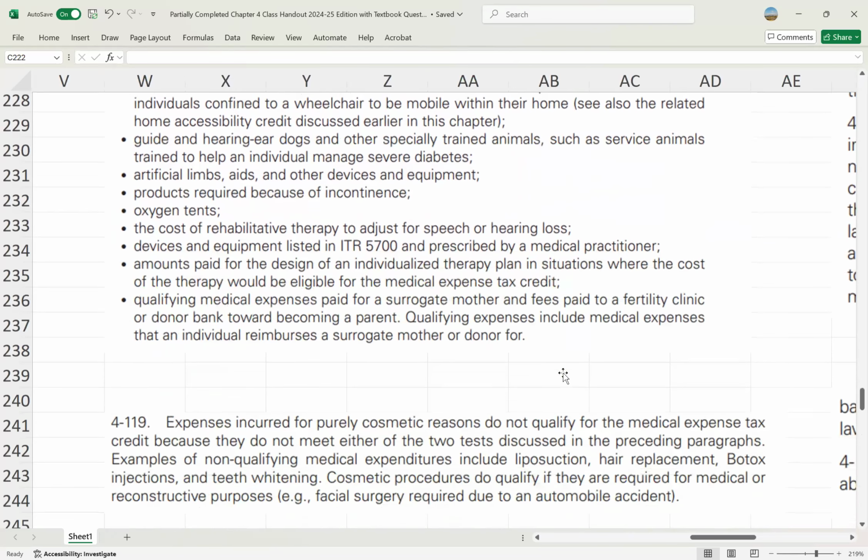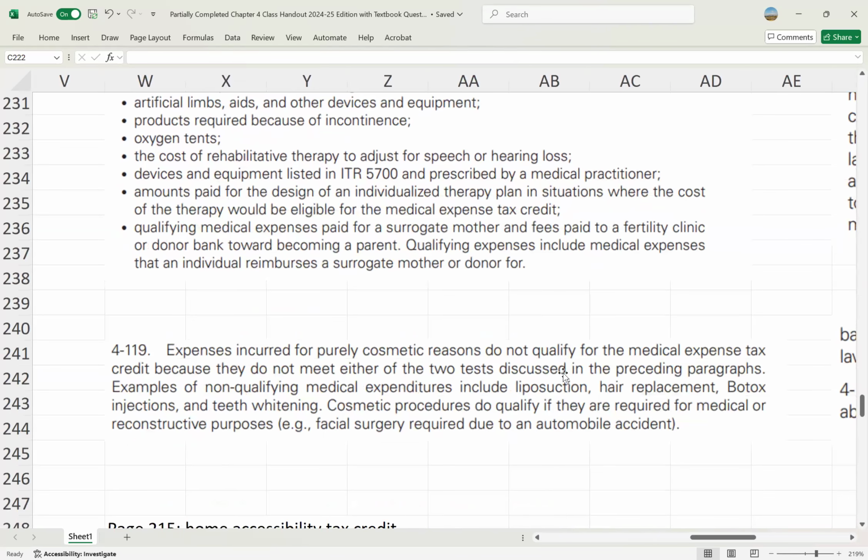I also cut a paragraph in this area of the textbook as well, basically identifying that anything incurred for purely cosmetic reasons does not qualify for medical expenses. So for example, if you get some teeth whitening done, even though it's done by a dentist, if it's purely for cosmetic reasons, it would not qualify. So that's an easy way to think about how to identify what would qualify and what would not.